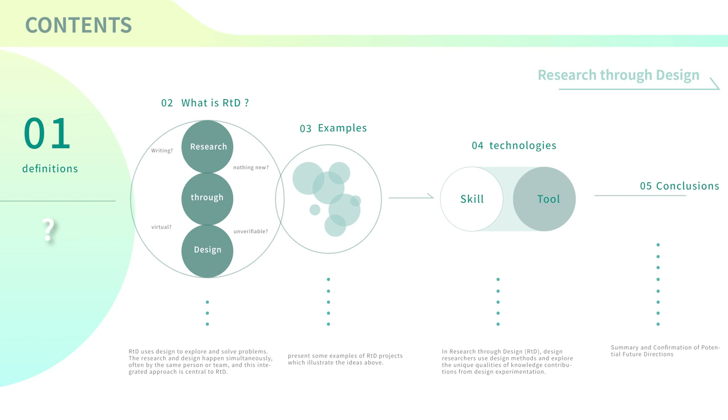Next are examples. I will present some examples of RTD projects which illustrate the idea above. Next is technology. In research through design, design researchers use design methods and explore the knowledge contributions from design experimentation. The last one is conclusions, a summary and confirmation of potential future directions.